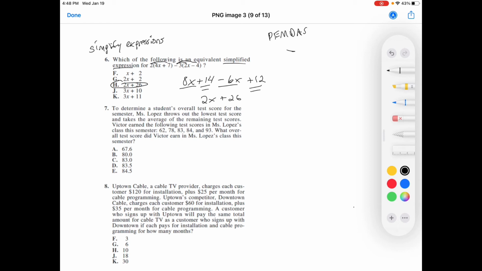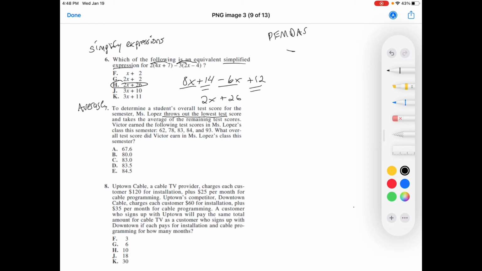Okay, number 7 is going to be an average question. Ms. Lopez throws out the lowest test score and then takes the average of the remaining test scores.